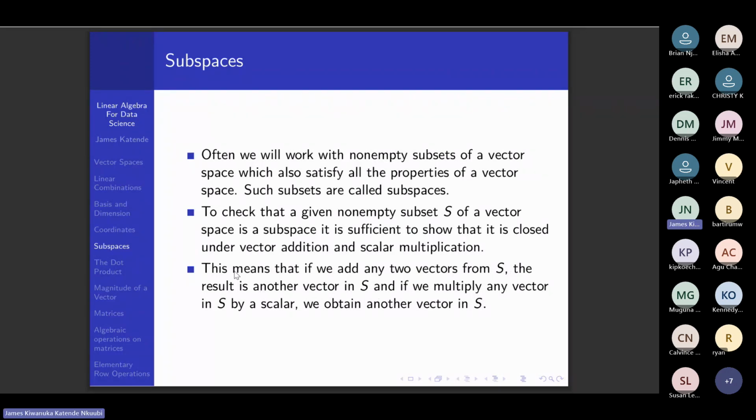And closed under scalar multiplication simply means if you multiply a vector from S by a scalar, the resulting vector will still be in S. So if you can confirm that those 2 properties hold, then that subset can be called a subspace confidently.